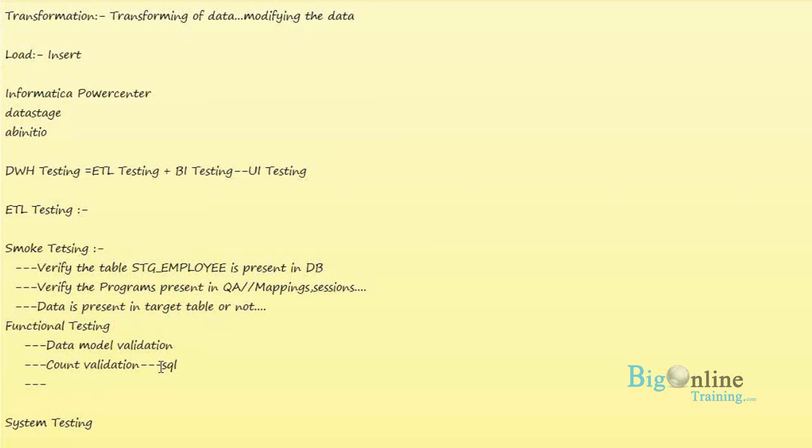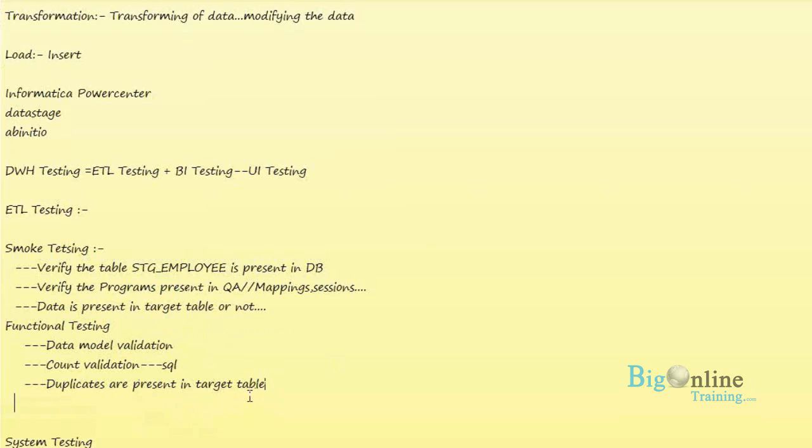When the program has loaded duplicates, we need to understand whether the duplicates are present in the OLAP system, or in your target table, and that you have to verify by using a query. So you'll write a query to verify the duplicates present in the target table.